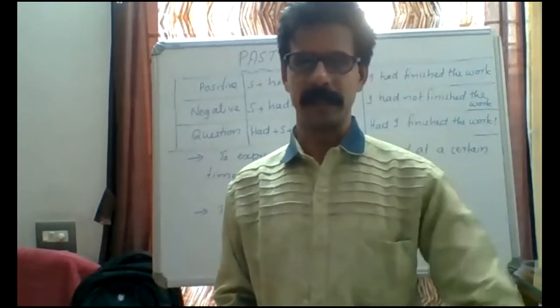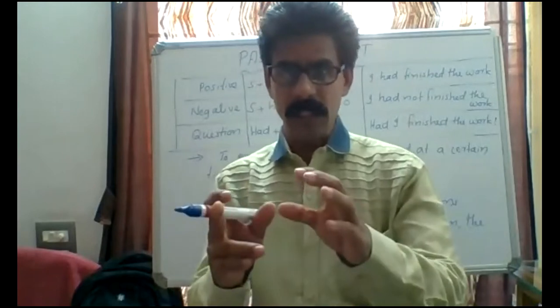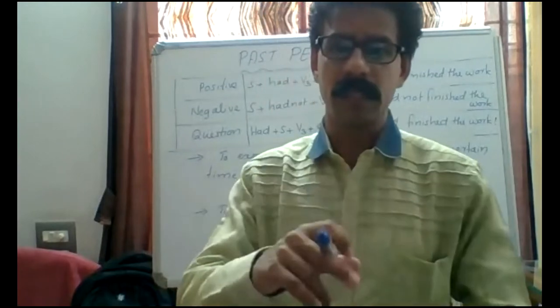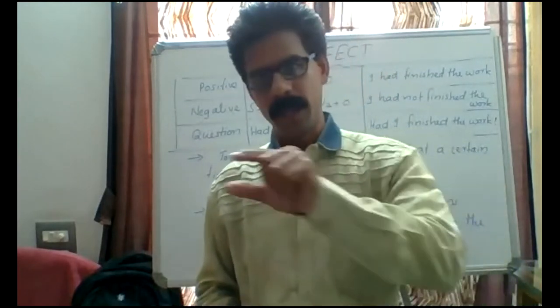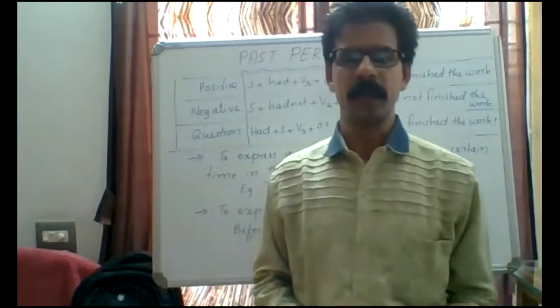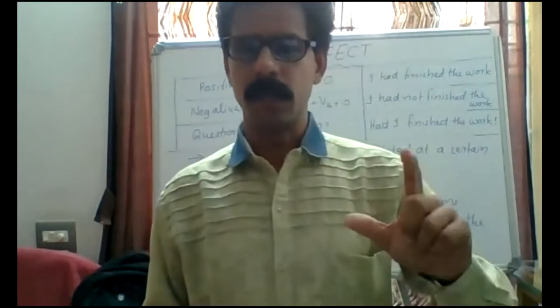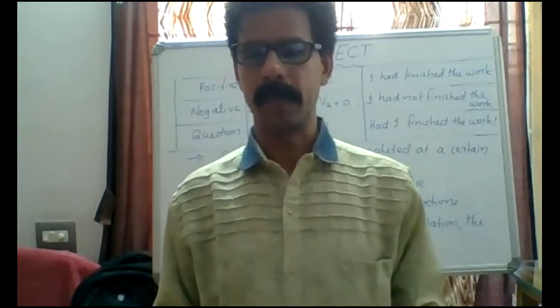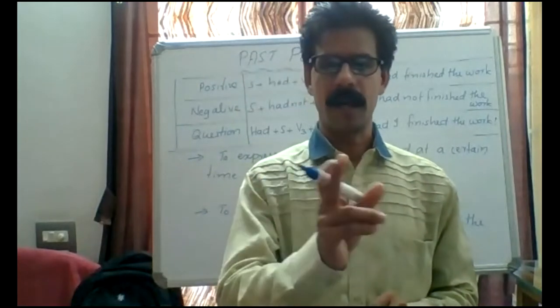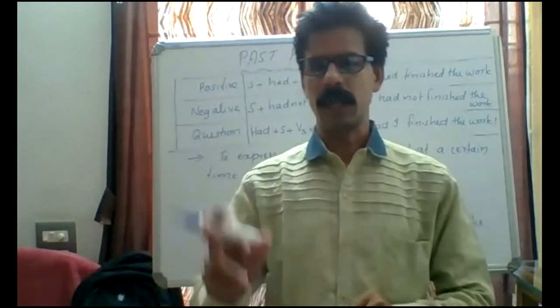The patient died. So this first happened action should be written in past perfect. The patient had died before the doctor came. The patient had died before the doctor arrived.